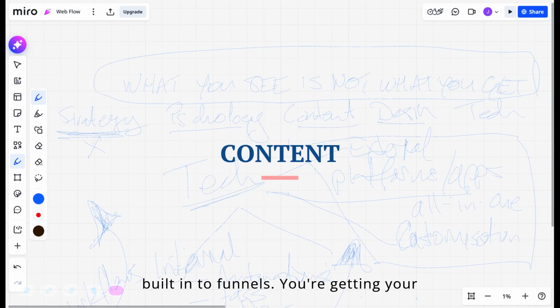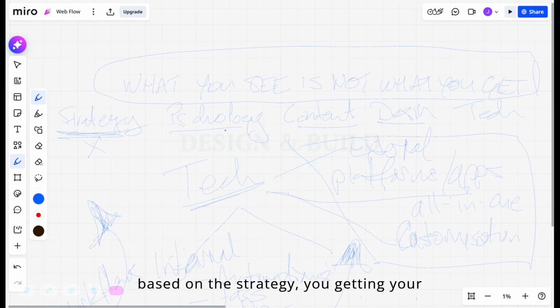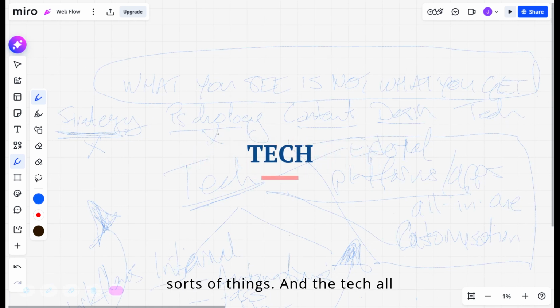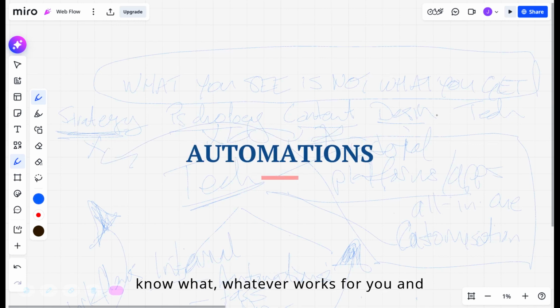You're getting your content written based on the psychology and the strategy. You're getting your design built based on psychology and conversion-led tactics. And the tech all comes together. You can either have it custom built, we can use existing apps, or whatever works for you. And then all the automations and everything are all done for you.